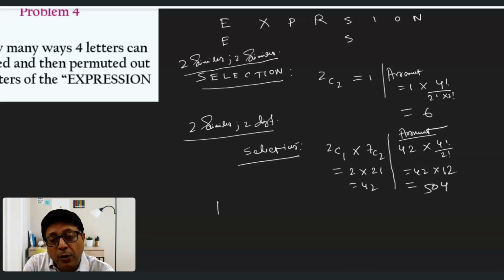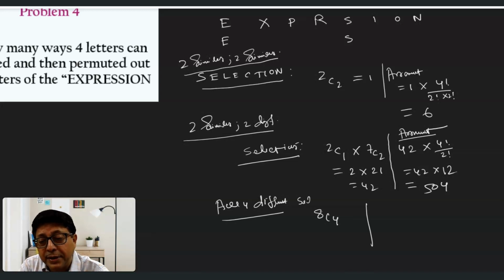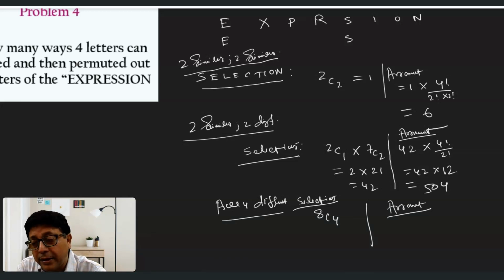Now you are taking all 4 different letters. How many different letters are there? 3, 3, 6, 8. Selection can be done in 8C4 ways, and arrangement will be 8C4 into factorial 4, that is equal to 8P4.